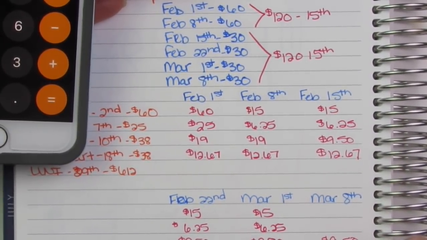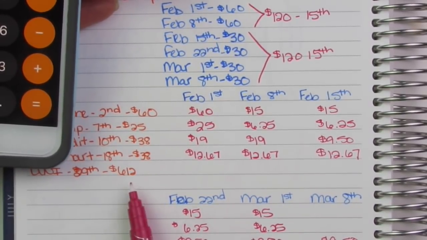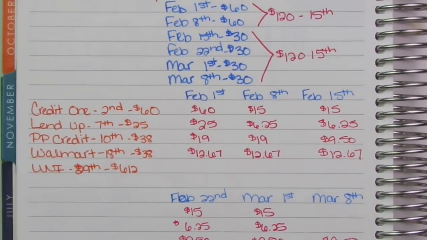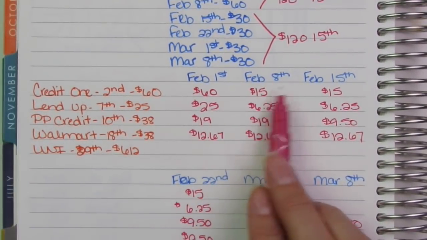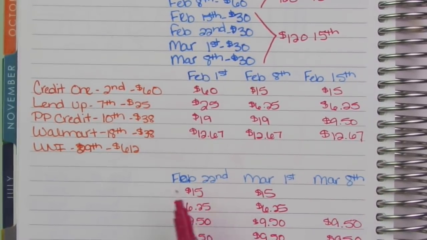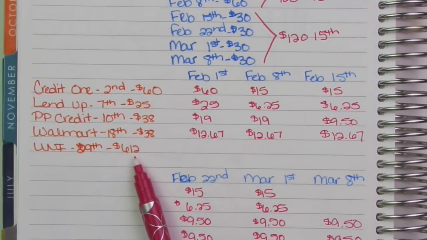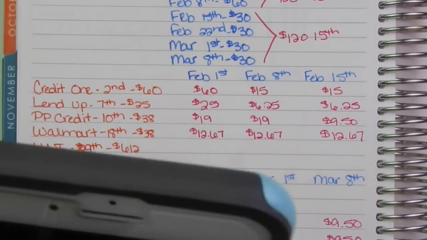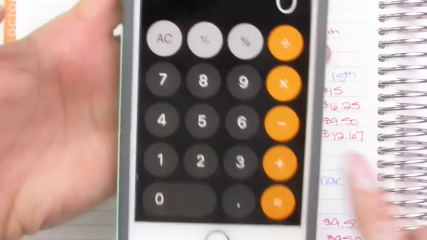And the last one, which is the big one, is UNI. So it's $612, it's due on the 29th. So I will have all 4 paychecks to split that up against. So this one is really nice because it's due at the end of the month. I don't have to come up with the whole amount or even half of it. I can just right from the beginning split it up between 4 paychecks just because of the date that it's due.